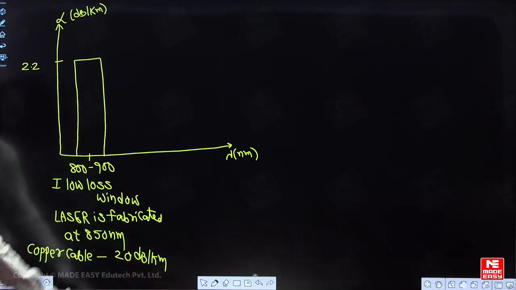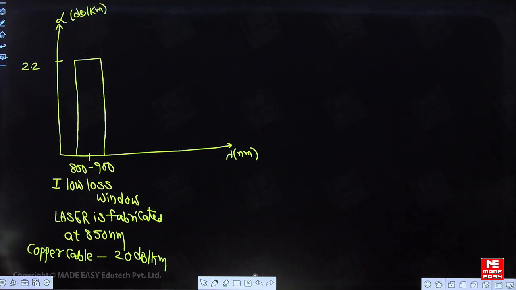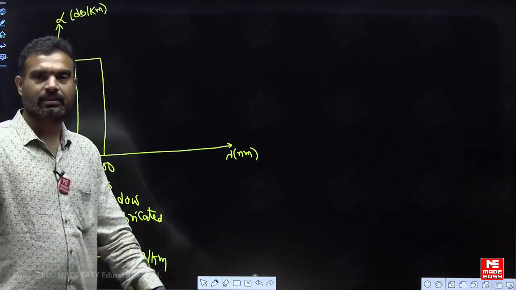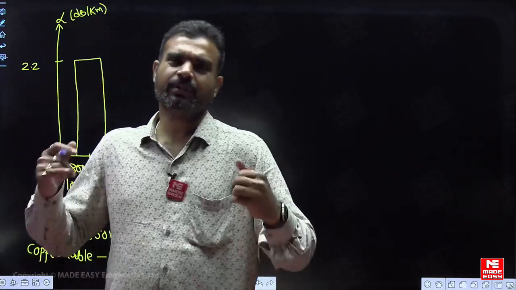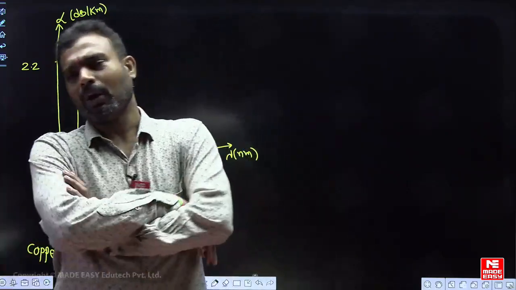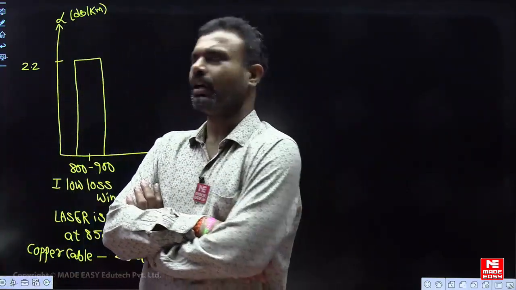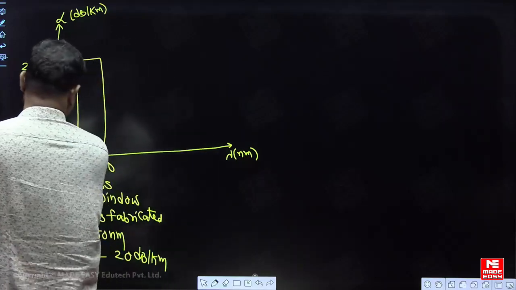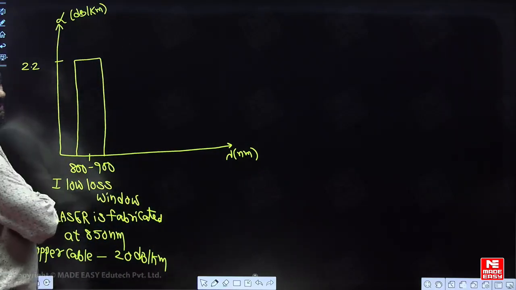Compared to 20 dB per kilometer, this loss of 2.2 dB per kilometer is almost 10 times lower. The engineers felt very happy that the loss was so much less, and they designed the laser at 850 nanometers and operated it.